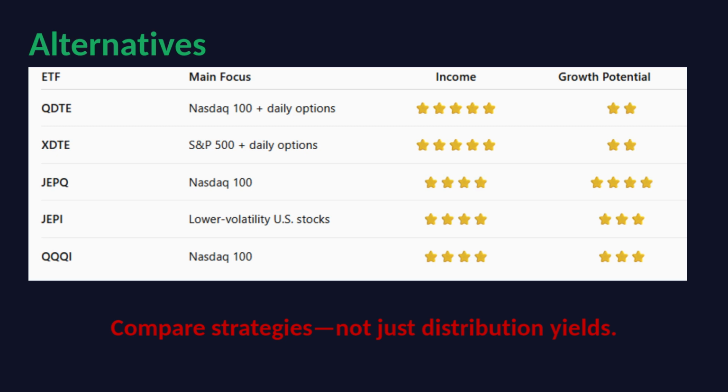JEPQ and JEPI take a more traditional monthly covered call approach rather than the daily 0 DTE method, generally producing a smoother, less aggressive income stream. And QQQI is another Nasdaq 100 linked income strategy worth putting side by side with QDTE. The key here isn't to assume the fund with the biggest yield number wins, it's to compare how each of these actually generates its income, because that mechanism is what will determine your real experience as a holder over time.